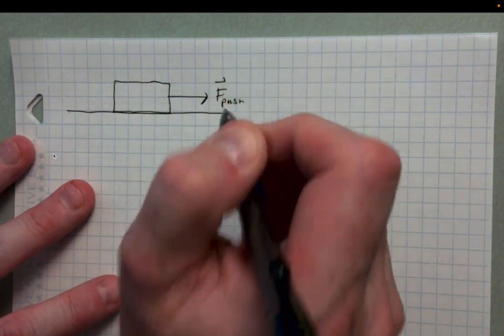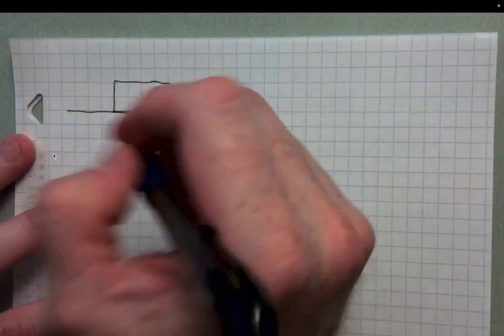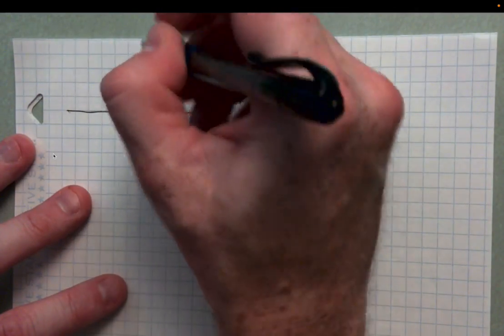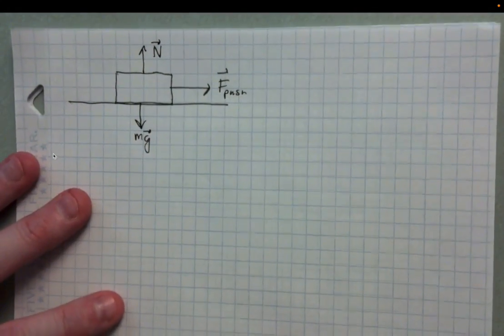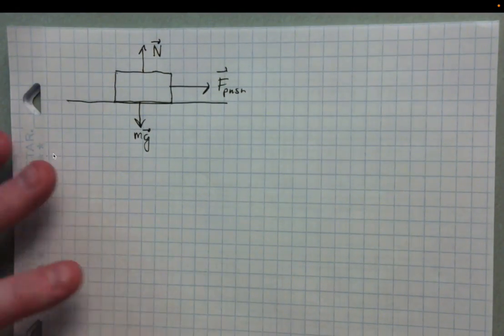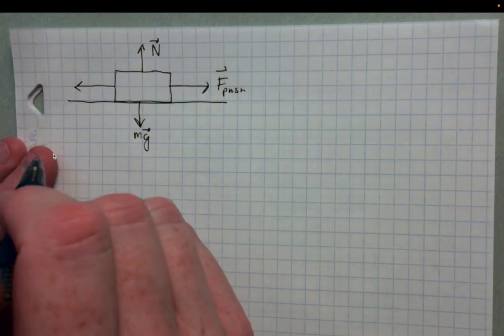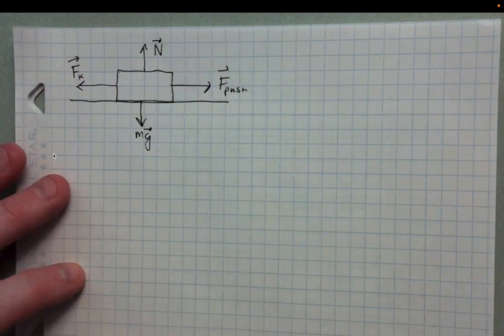The other forces involved: I've got gravity, so mg. We just talked about the normal force, which is going to completely offset gravity because it's not falling through the earth, it's just sitting there. And then we've got this additional force, which we call the kinetic friction. I'm going to denote that by F with a subscript of k.